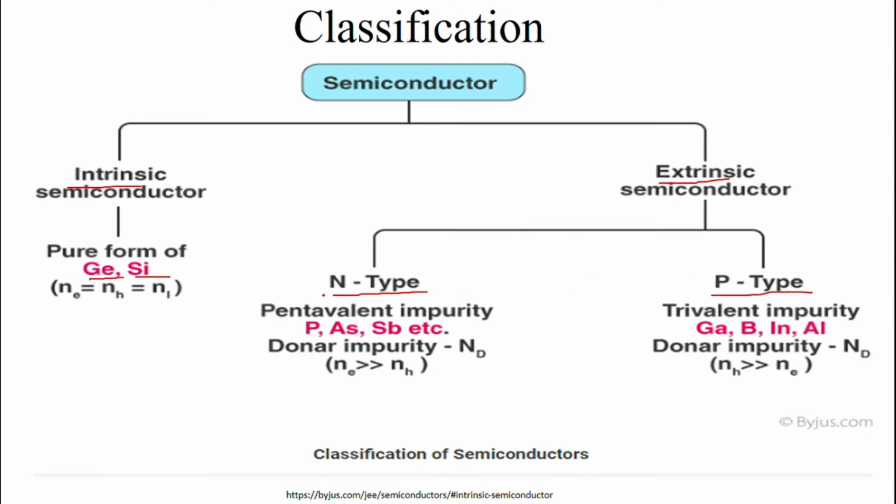For N-type, our impurities are pentavalent, meaning they have 5 electrons in their valence shell, and they could be phosphorus, arsenic, antimony, and others. For P-type, our impurities are trivalent. They have 3 electrons in their valence shell, so they could be gallium, boron, indium, and aluminum.